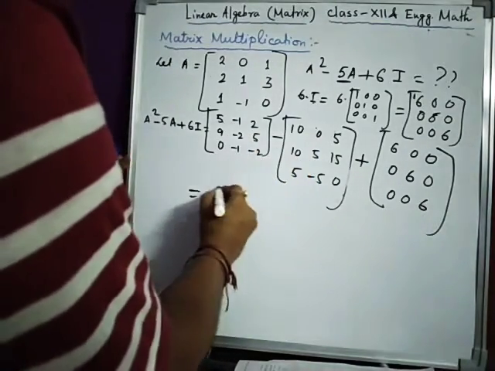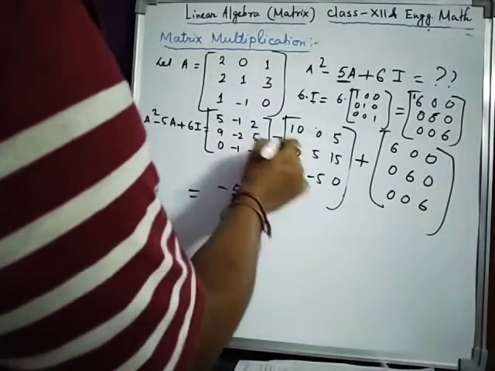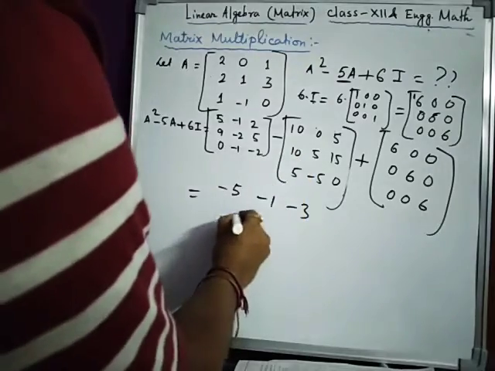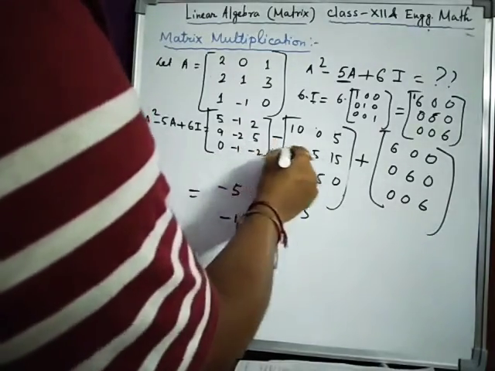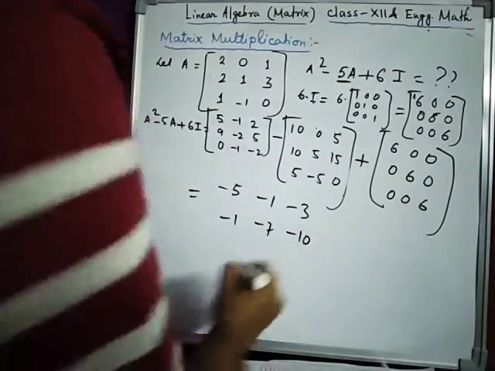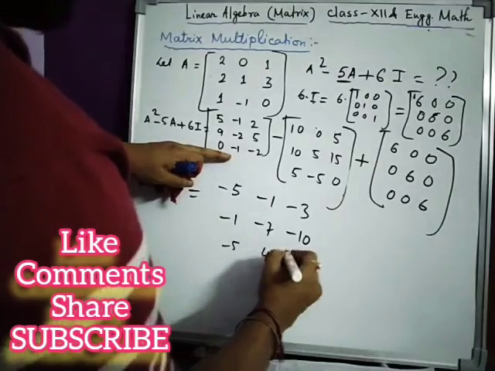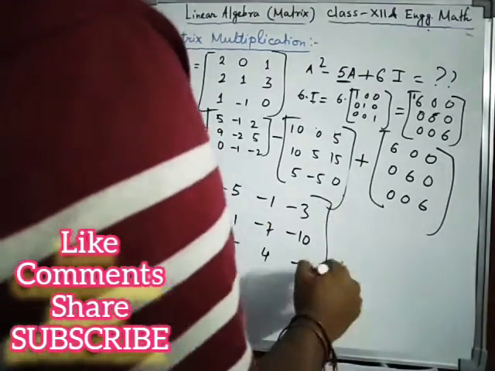5 minus 10 is minus 5, minus 1 minus 0 is minus 1, 2 minus 5 is minus 3, 9 minus 10 is minus 1, minus 2 minus 5 is minus 7, 5 minus 15 is minus 10. 0 minus 5 is minus 5, minus 1 minus 5 is minus 4 and minus 2. So my subtraction is done.